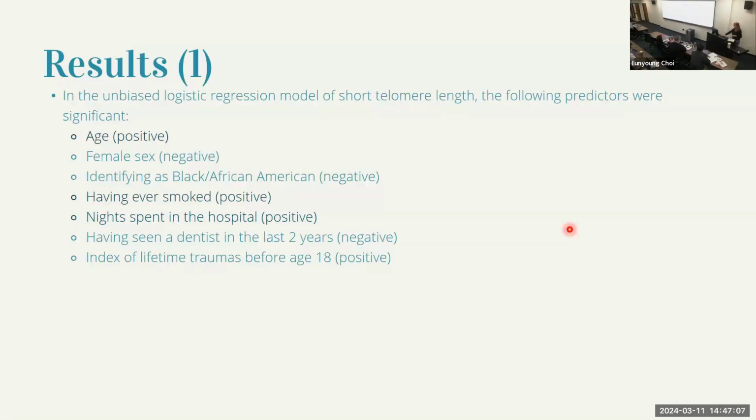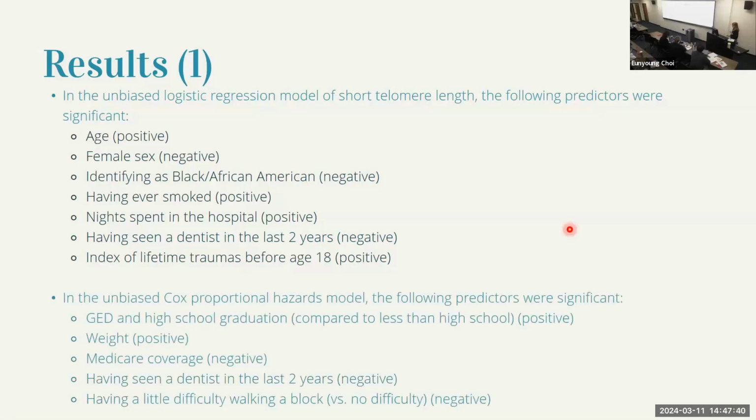Having more nights spent in the hospital, and having a higher score on the index of lifetime traumas before age 18. All of those were linked to higher odds of short telomeres. On the flip side, female sex, identifying as Black or African American, and having seen a dentist in the last 2 years were all linked with lower odds of having short telomeres. So this is the logistic regression results.